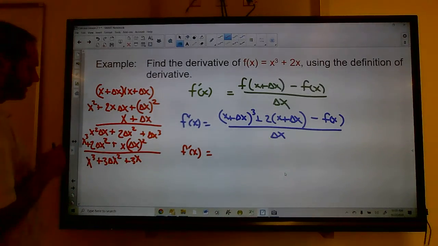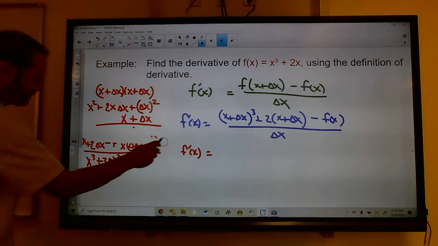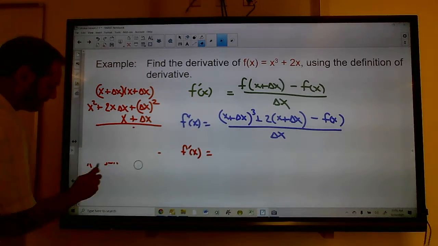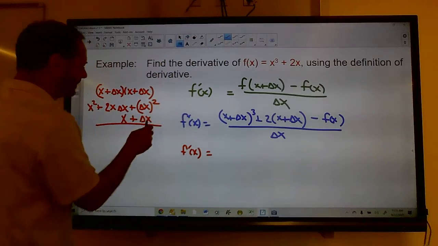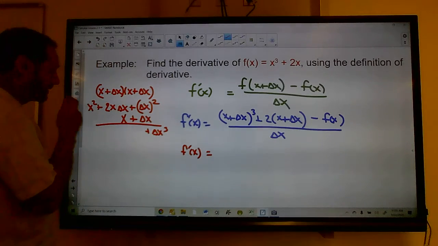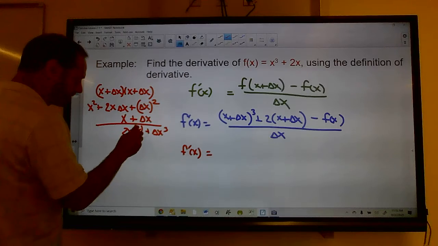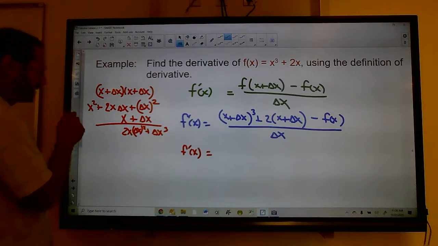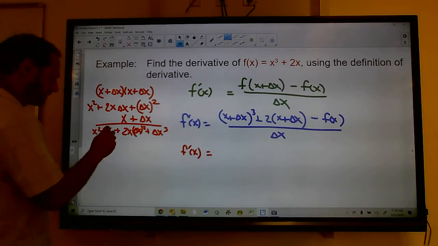Let's just do this over with. So delta x cubed plus 2x delta x squared plus x squared delta x.